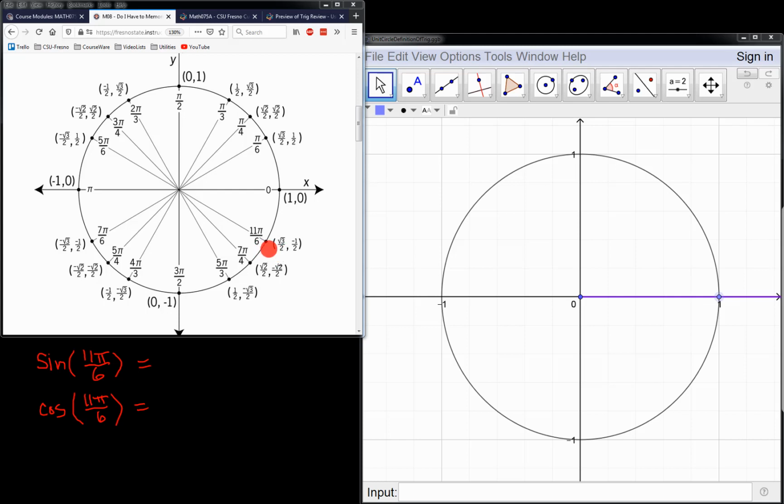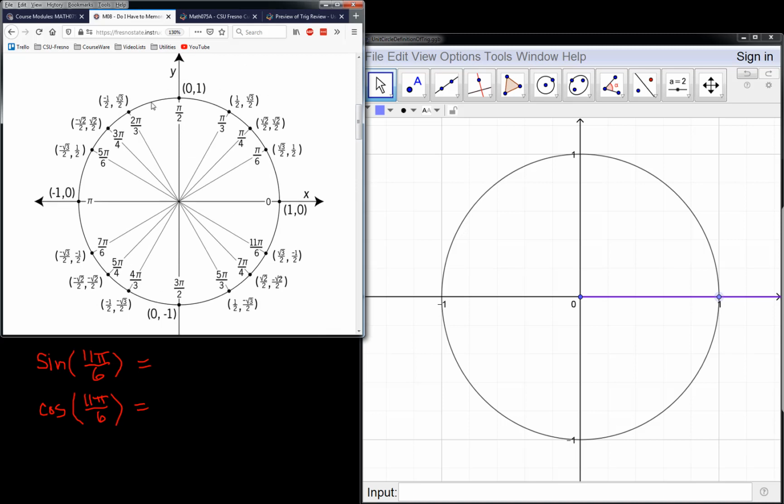From there, I can see what my x-coordinate is, I can see what my y-coordinate is, and I'm all done. So that's great. If you can memorize the entire unit circle, then good for you. I think that's great. However, personally, I think there's an easier way.